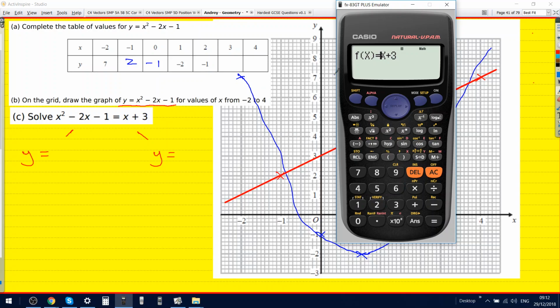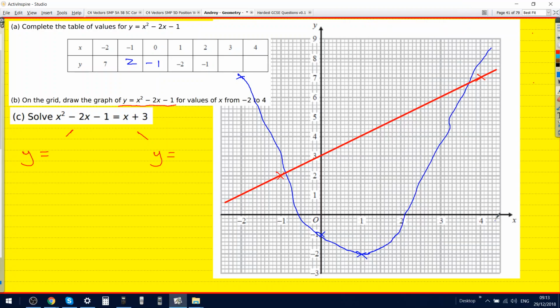So I did f of x, y equals x plus 3, and it gives me a bunch of coordinates. I just did the first one and the last one. -1, 2, and the paper doesn't go to 5, so I did 4, 7. I know it's a straight line, but you could do all the x's if you wanted to. If you weren't sure, the calculator puts all of them in.